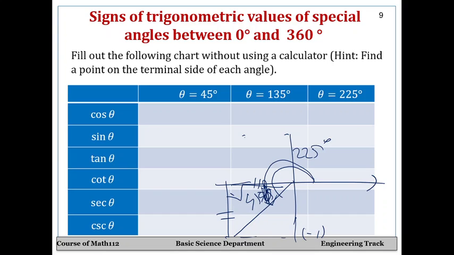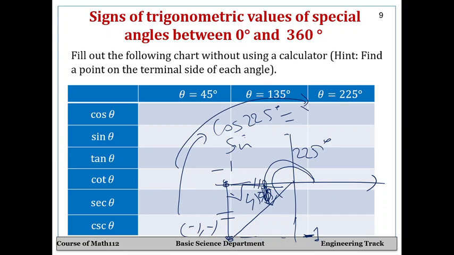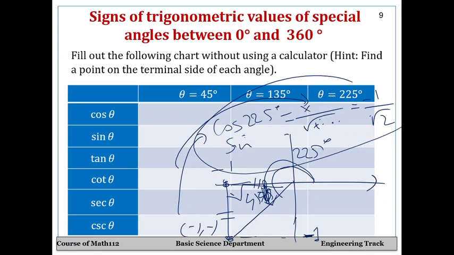You can choose this y component to be -1 and this x component to be -1. Then you end up with (-1, -1), use the formulas for cosine and sine, and you get -1 over square root 2. You can do the rest by using the x and y formulas.